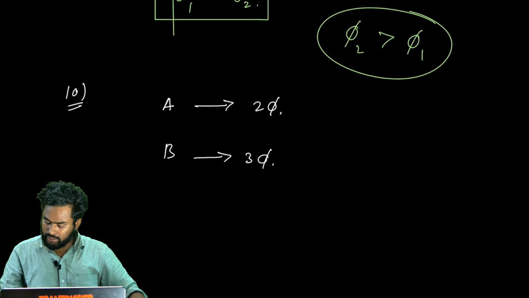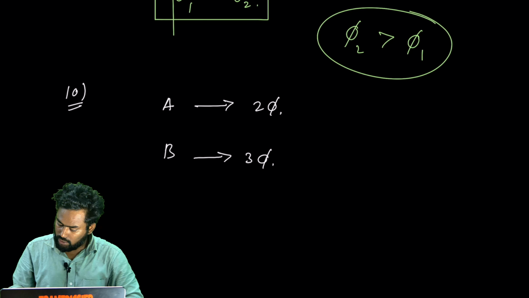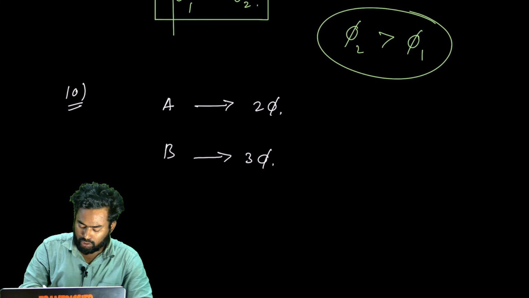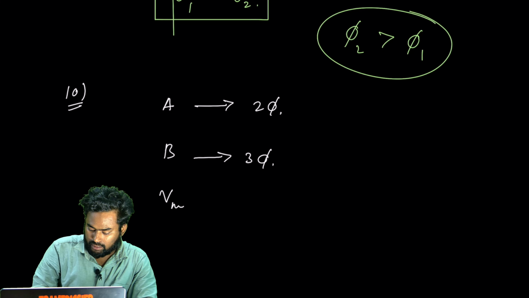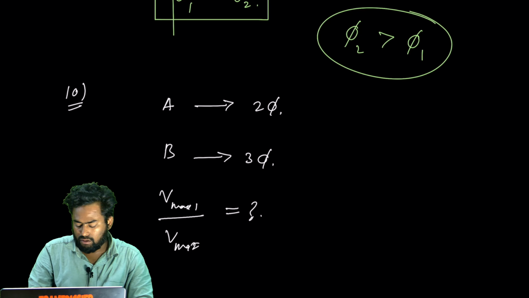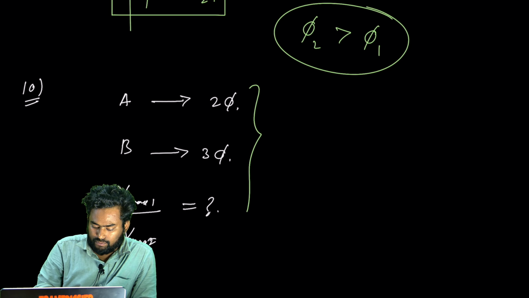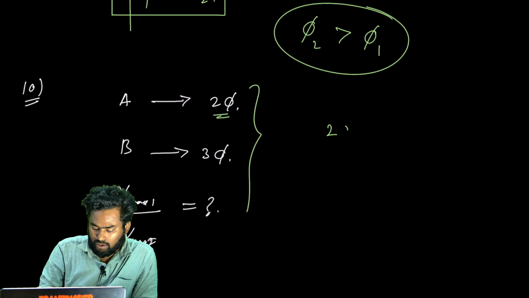Then the ratio of the magnitude of maximum velocities of photoelectrons emitted, Vmax in 1 upon Vmax in 2, will be how much? Let's see. First one, that is energy 2 phi, we are using 2 phi energy. That will be equal to phi plus K max, which means phi plus half m Va square.